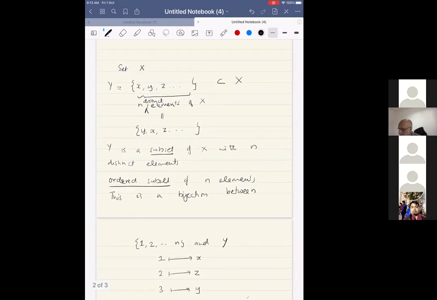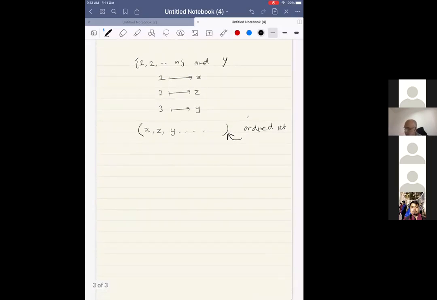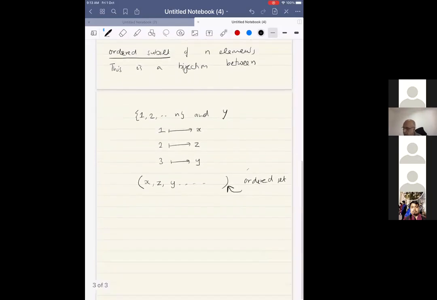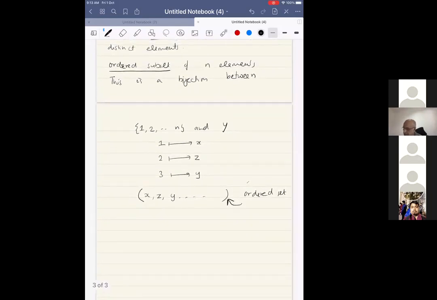So this is the unordered set. This is the ordered set. But note that this is a bijection. So distinct integers between 1 and n go to distinct elements of Y.